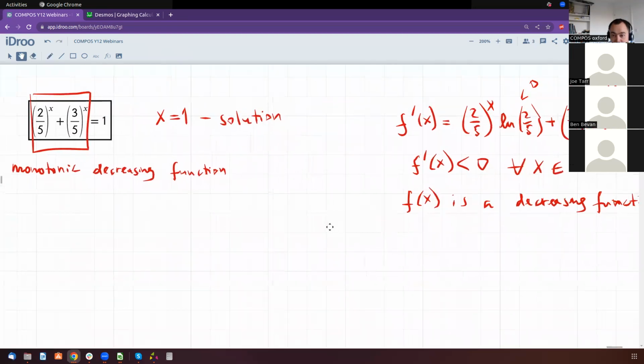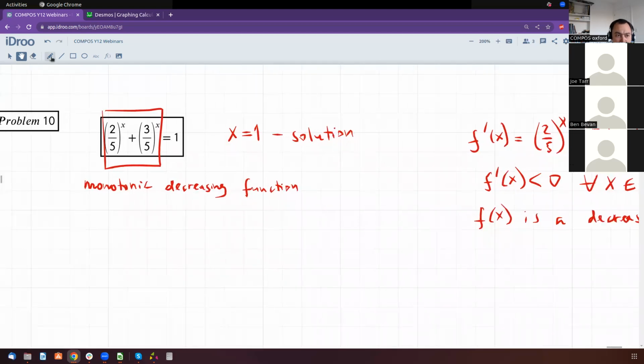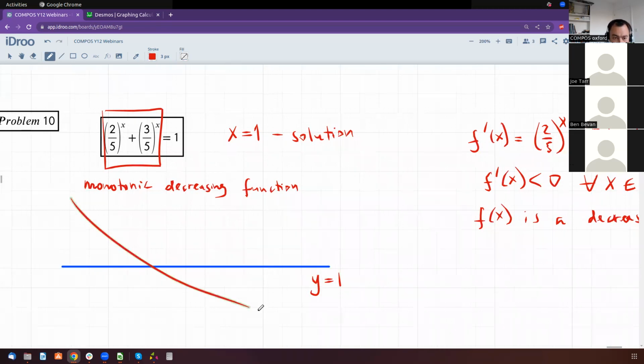Right. So if f of x is a decreasing function and y equals 1 is a constant function, what can we say? I'd say one-to-one function instead of monotonic.